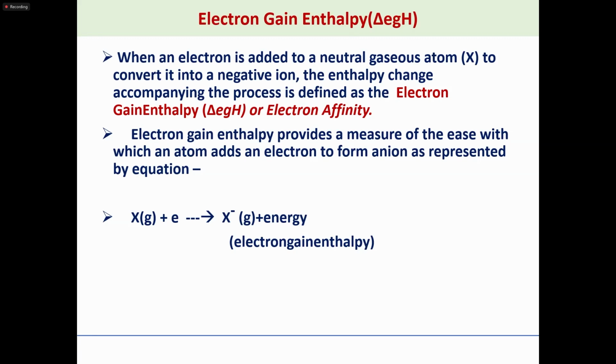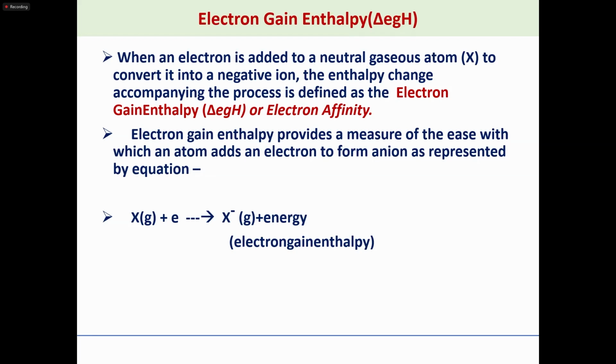This is the electron gain enthalpy. Okay, so it is an endothermic process. Sorry, it will be an exothermic process, so it will always be negative.